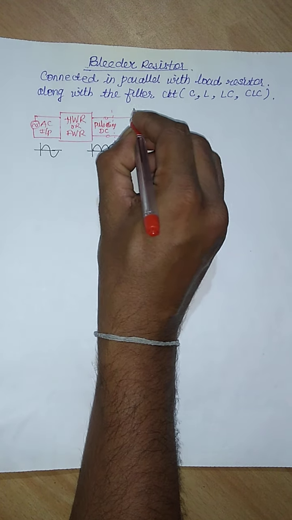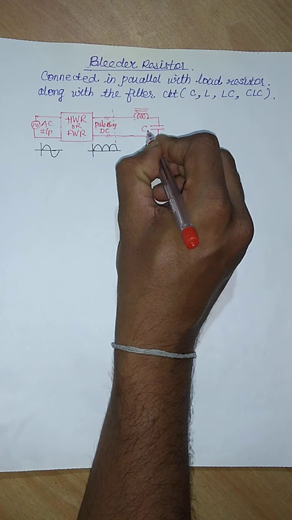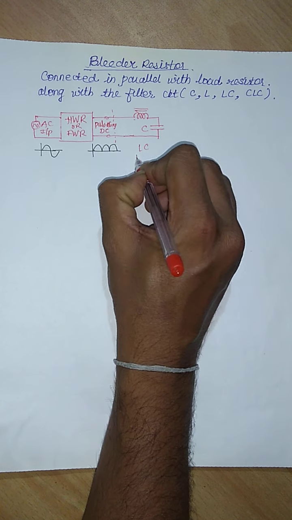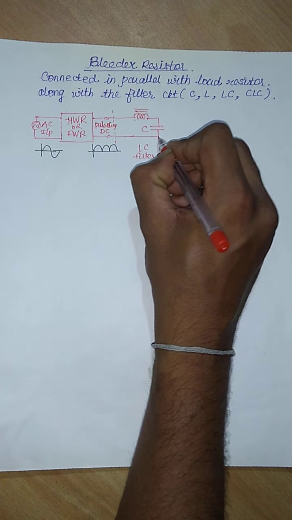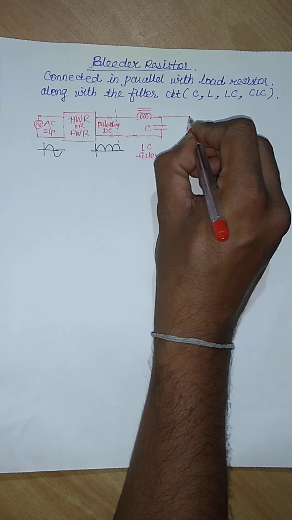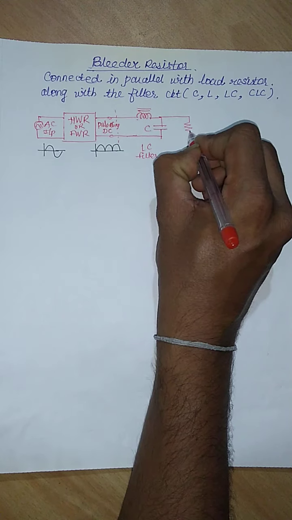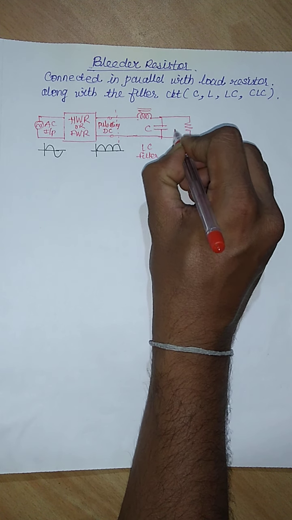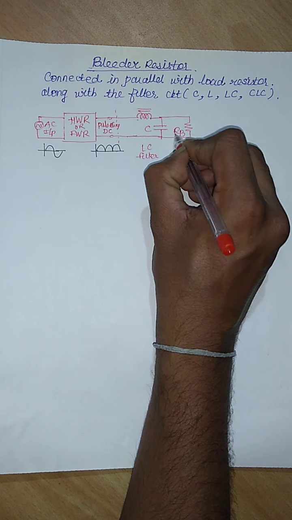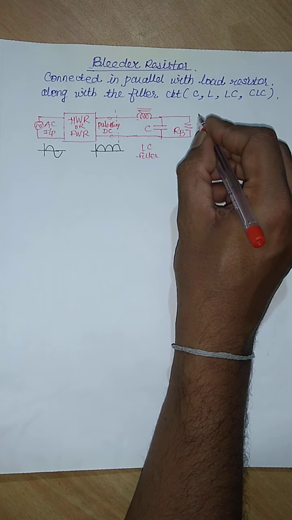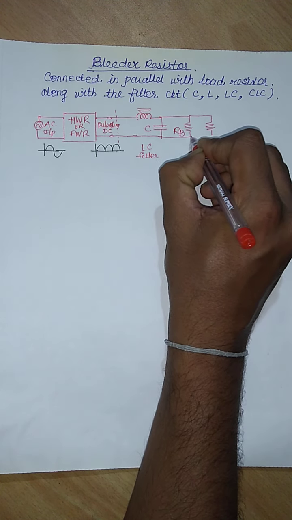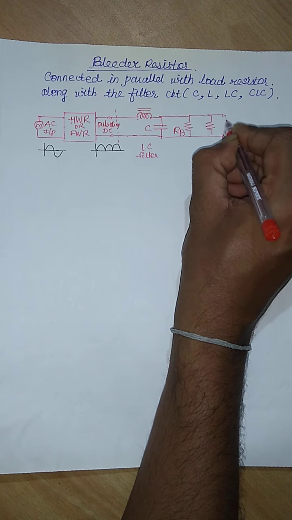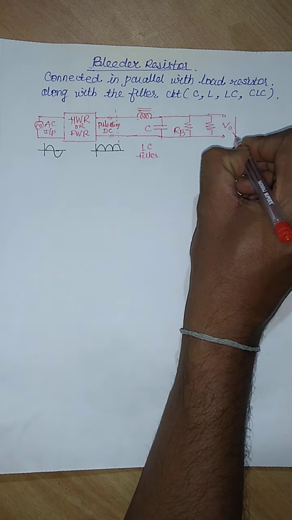Now this inductor and this capacitor form the LC filter. This LC filter is connected with a resistor named RB. So this is a bleeder resistor. And then we connect the load, and here we get the output.